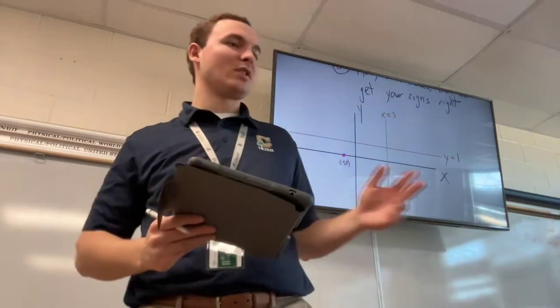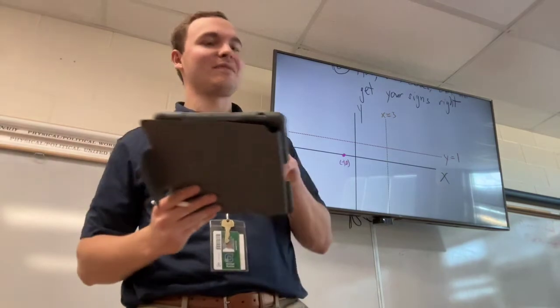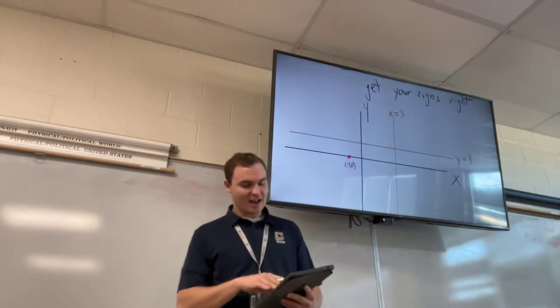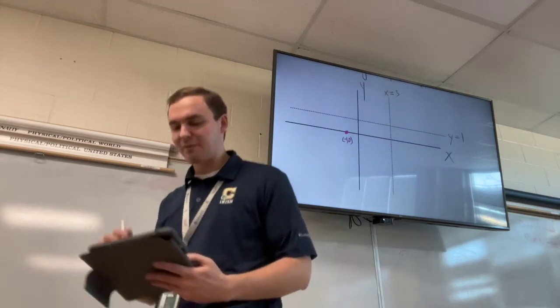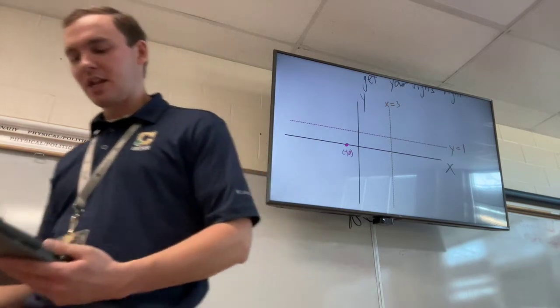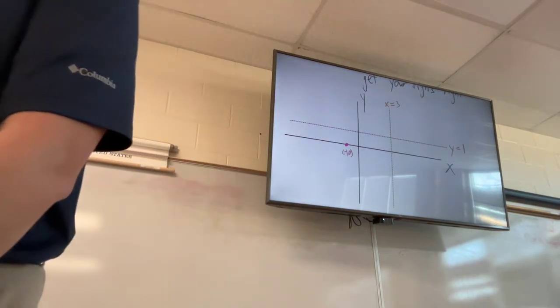Your horizontal asymptote is not always horizontal. So you can think of it to yourself the way I'm going to say it, end behavior asymptote. All right, so we plot all those, then we want to make sure we get our signs right when we graph this. Here's what I mean by signs right.